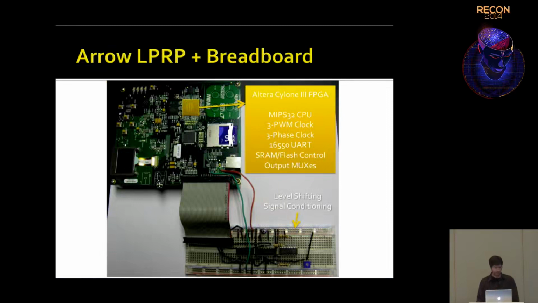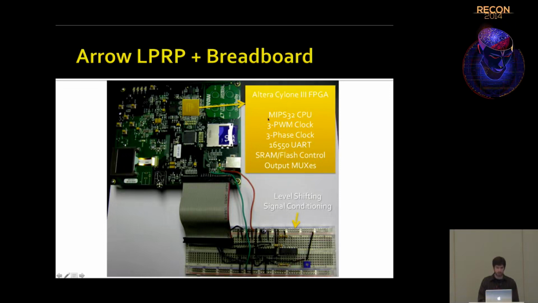This is some of the platforms that I attempted to make over the last couple of years, and what I was able to use them for. The first was the Aero low power reference platform board that I found surplus on eBay, coupled to a breadboard. The LPRP basically has an Altera Cyclone 3 FPGA.